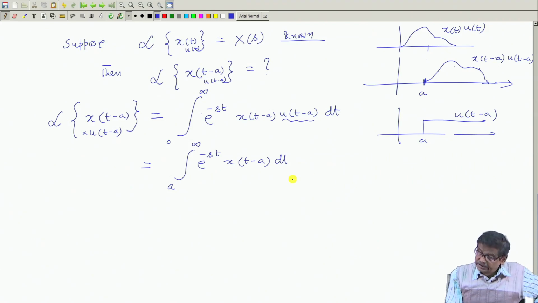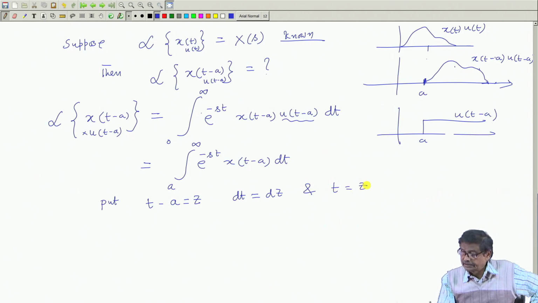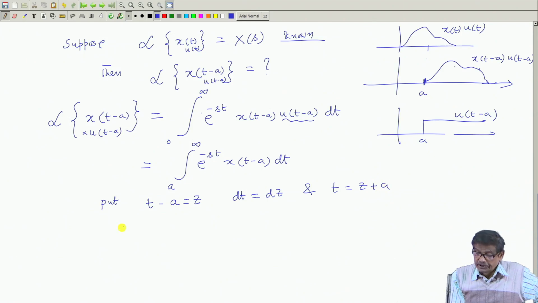Now, to evaluate this integral, put t minus a equal to some variable, say z, so that dt becomes dz and t is equal to z plus a. Put it here.